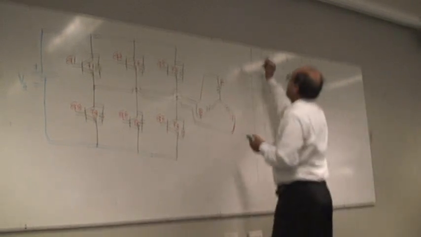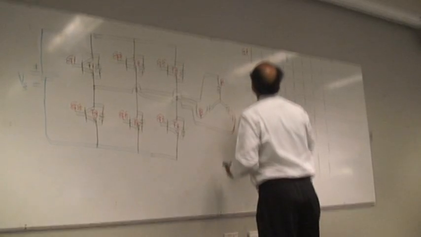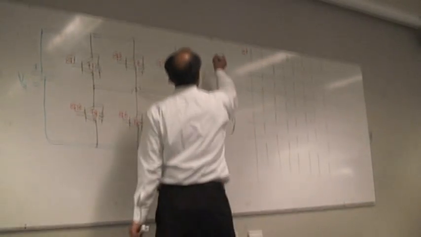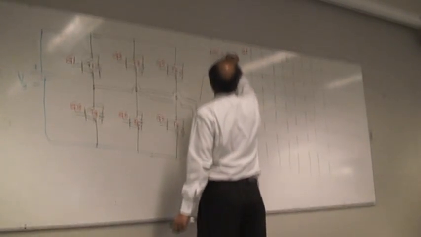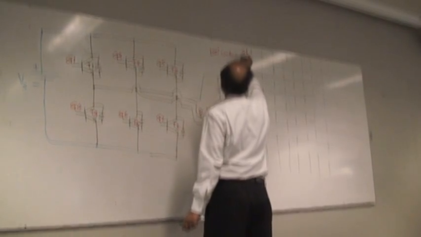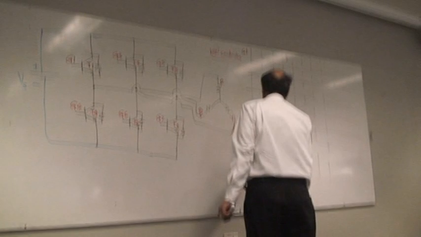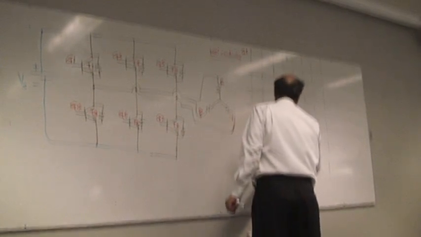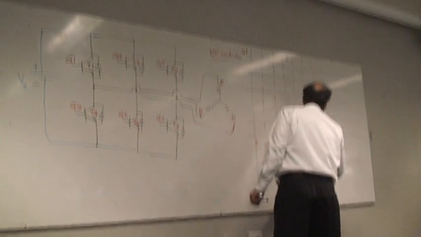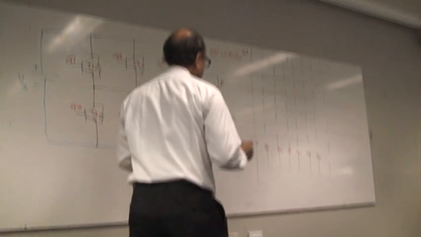First is G1. I'm going for 180 degree conduction. So this is your 0 degree, 60, 120, 180, 240, 300, 360, and 360 means again 0.